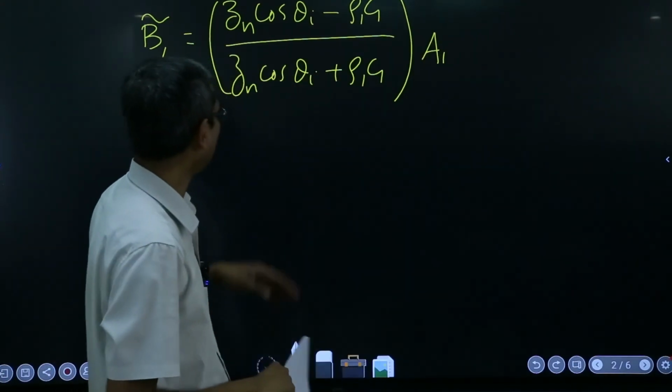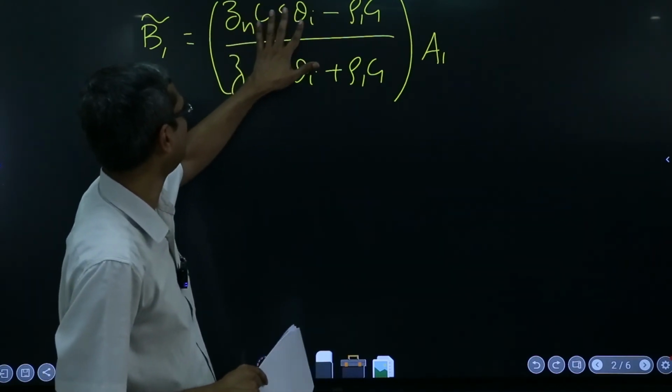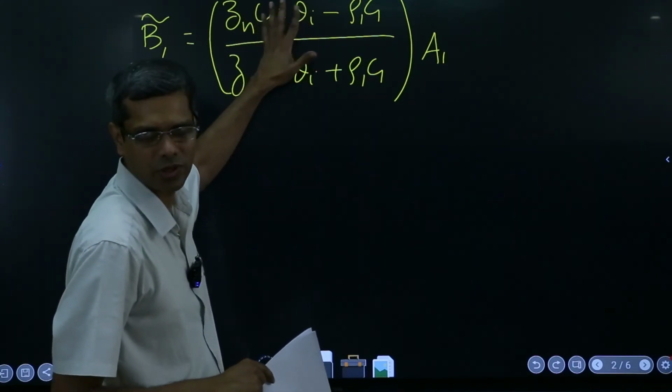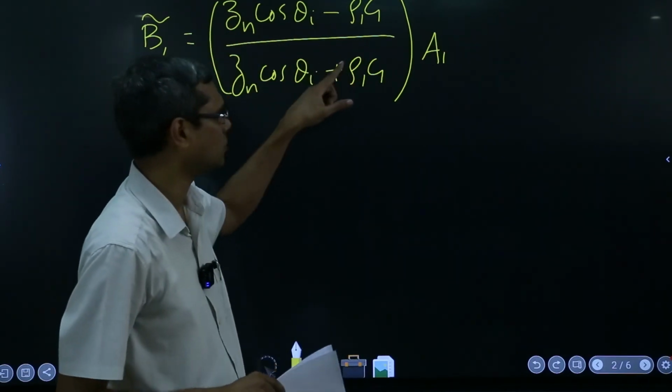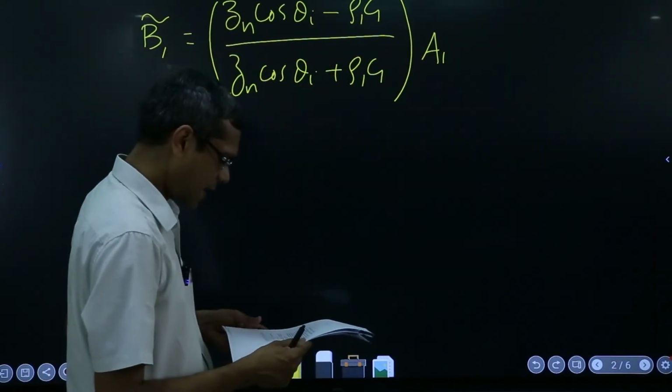If you remember, at that time the cos theta component was not there; it was just Zn minus rho 1 C1.